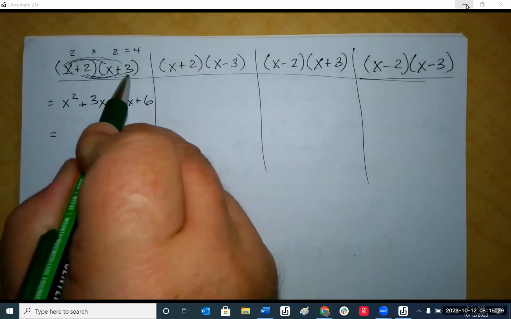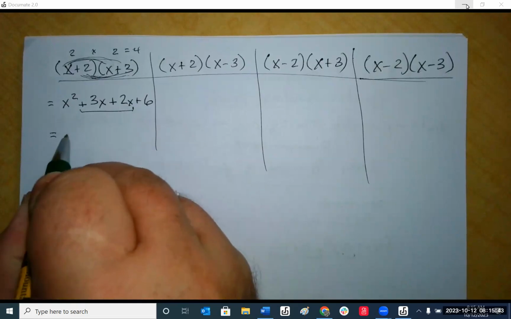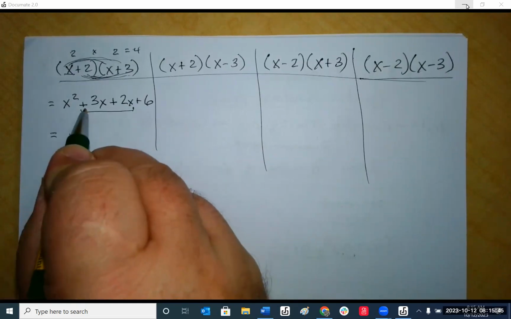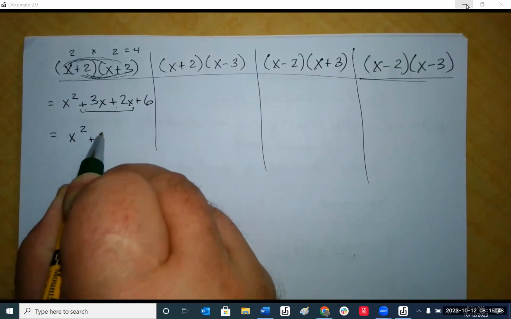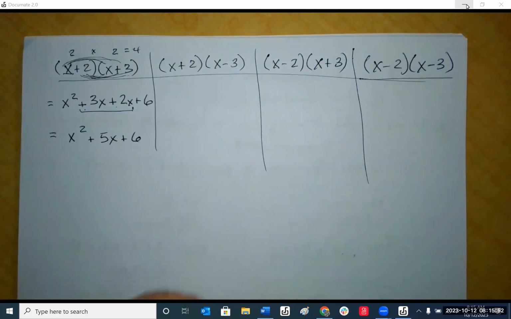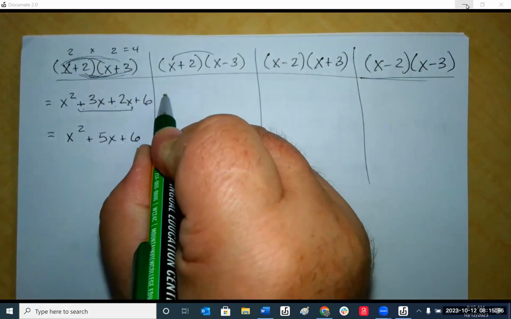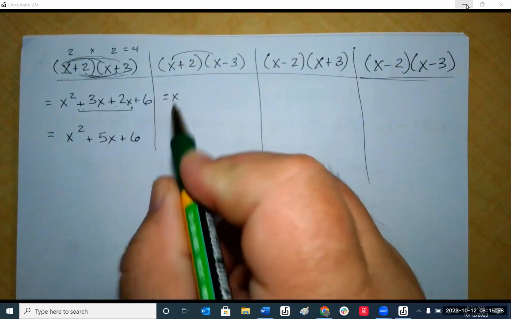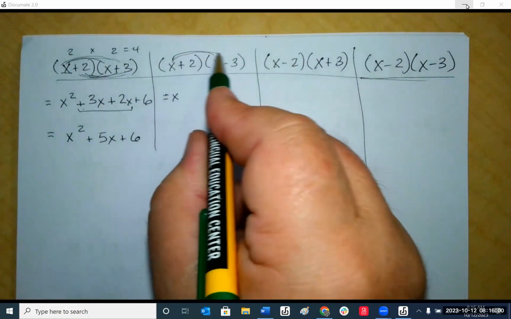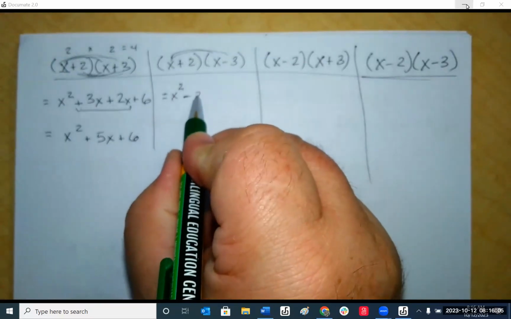Whenever you get rid of parentheses, the first thing you always have to do is combine like terms. So positive 3, positive 2, they're both positive. And we get that. Repeat the process. X times x is x squared. Positive times negative is negative. X times 3 is 3x.